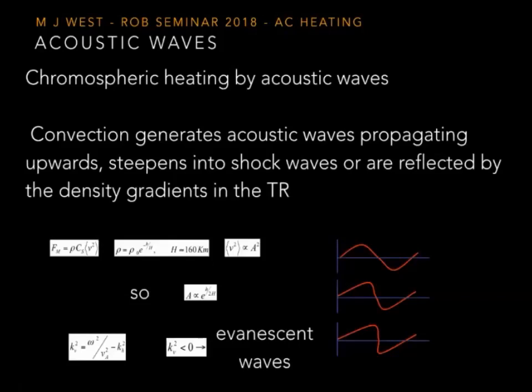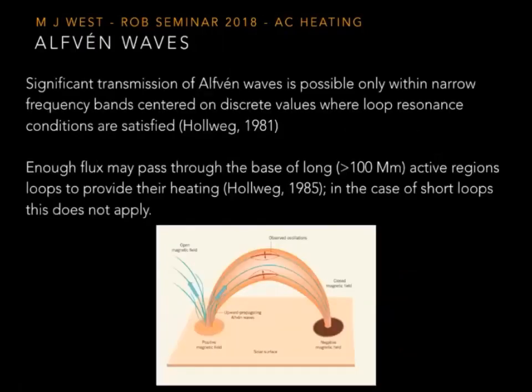But what we're interested in is these Alfven waves, which have the potential to travel into the corona and the outer solar atmosphere. We believe that significant transmission is possible, but only within narrow frequency bands, which are centered on discrete values where loop resonance conditions are satisfied.